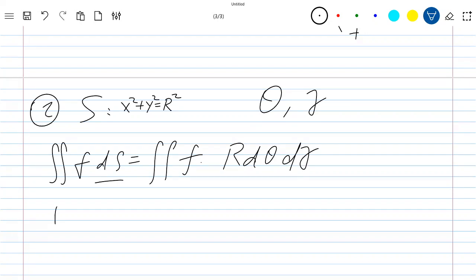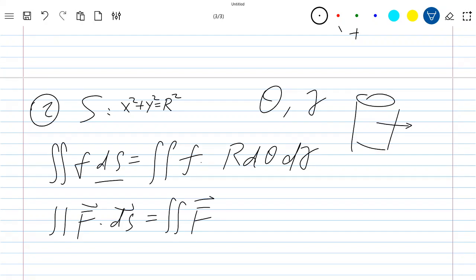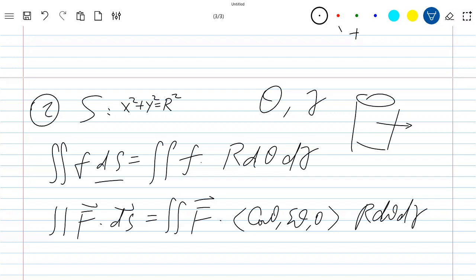Okay, and how about the vector? Well, then you just need to write down what's the normal direction. For cylindrical coordinates, the normal direction is just the horizontal radial direction. So that's cosine theta, sine theta, 0. Then r d theta dz. Okay.